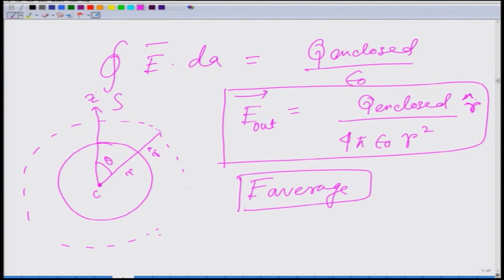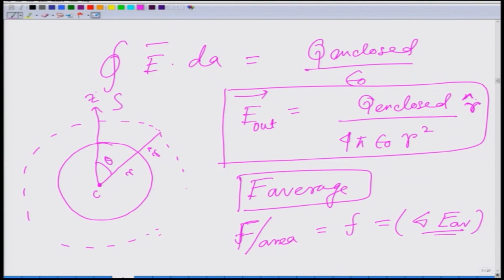From the knowledge of E average, you can find the force per unit area. Let us call this force per unit area small f, and that is equal to sigma times E average. To find the force between the two hemispheres, you have to find the z component of the force.